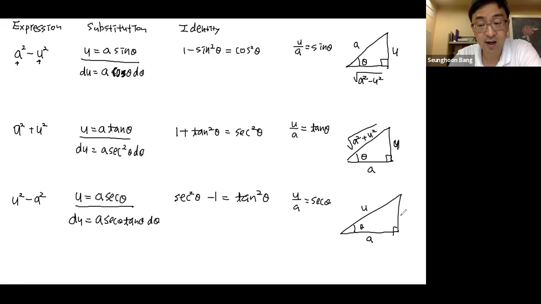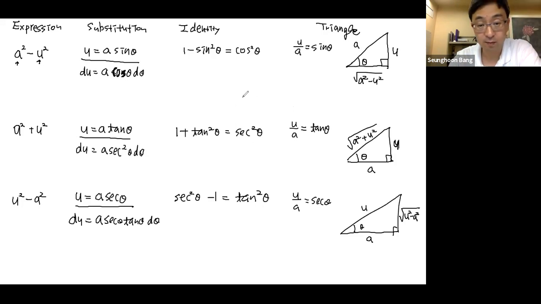You can find the opposite by using the Pythagorean theorem. So we have square root of u square minus a square. So we can use a triangle. This is the whole idea for solving this kind of problem, right? We can apply this method to the other examples.